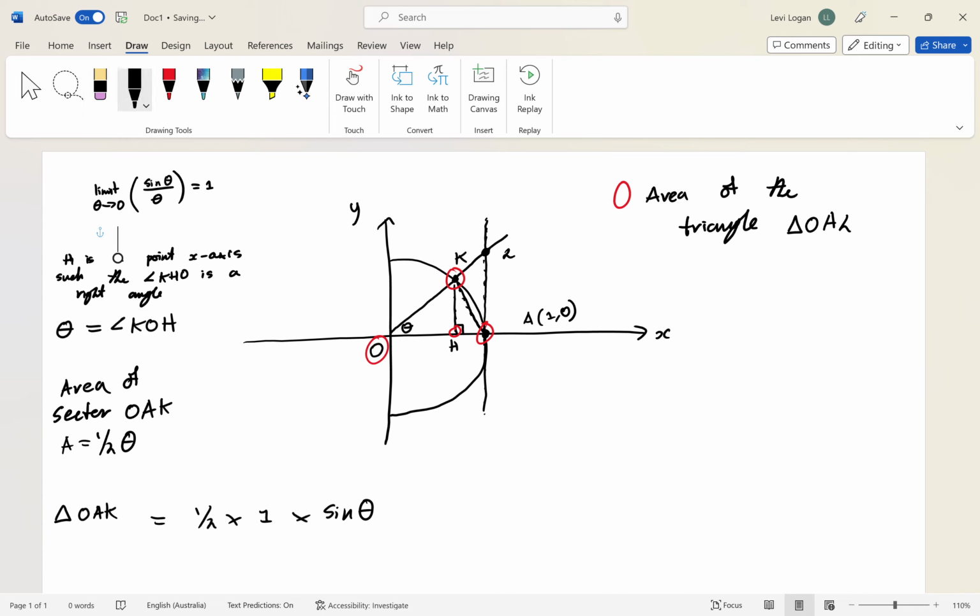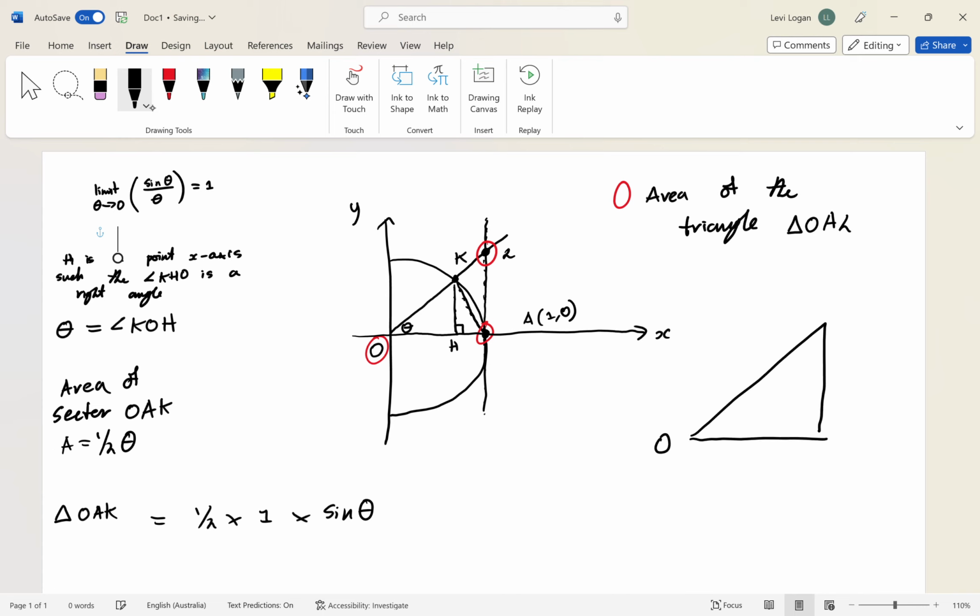Now we need to find an expression for the area of the triangle OAL. So the triangle OAL is going to be this point up here. Alright, so I'm just going to redraw a triangle, so it's out of our diagram.